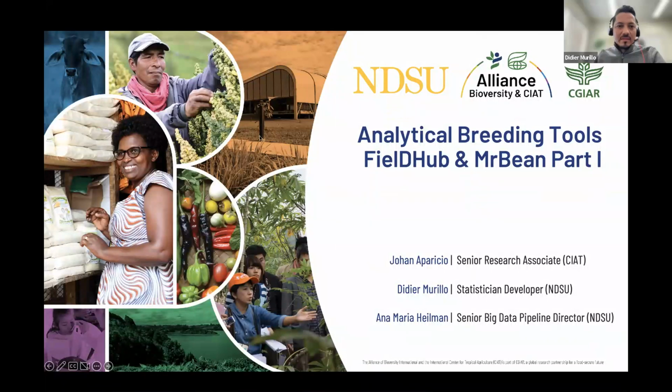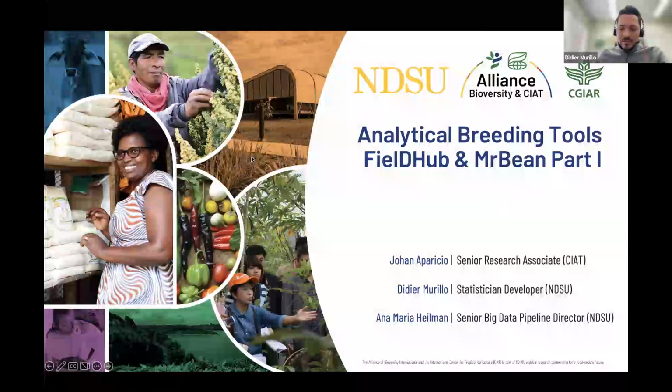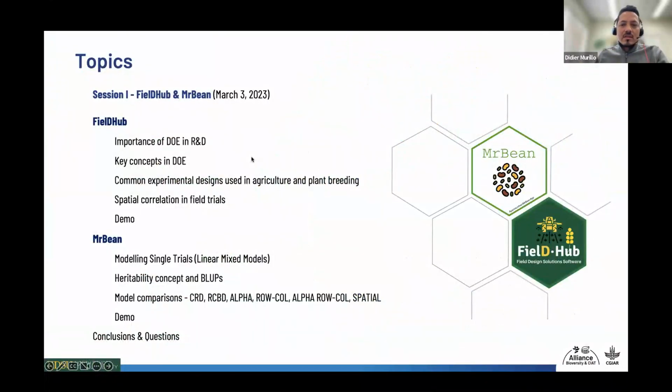Okay, that's perfect. The presentation is Analytical Breeding Tools, FielDHub, and MrBean Part 1. For this session, we have the following topics. In session 1, we are going to discuss FielDHub and MrBean. We are going to review the importance of design of experiments in research and development.